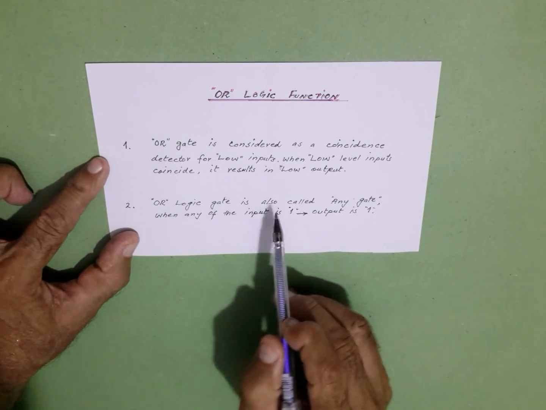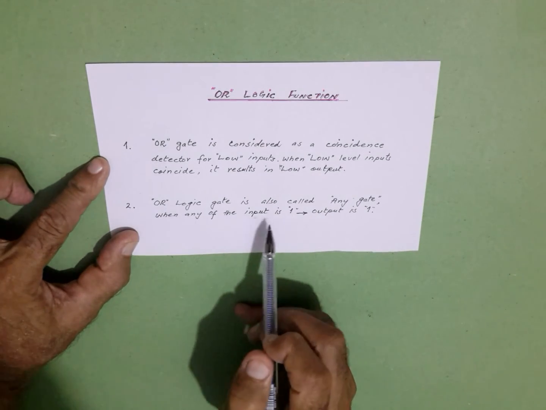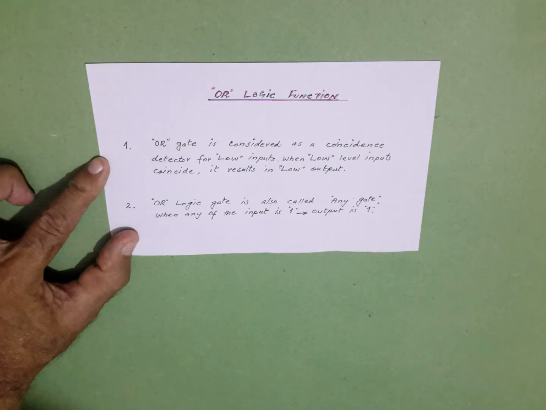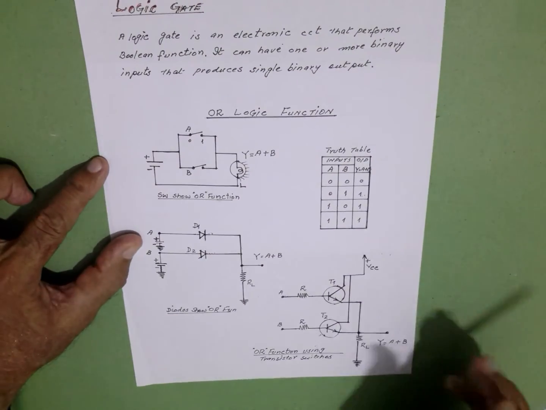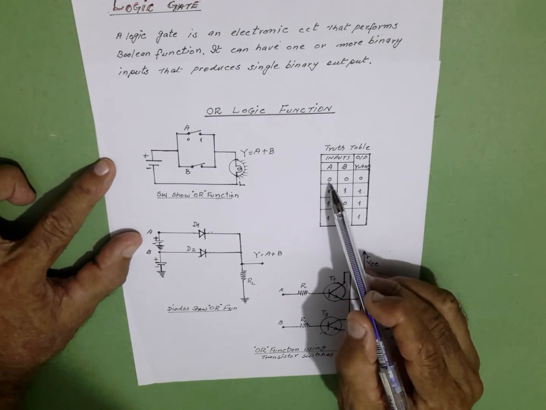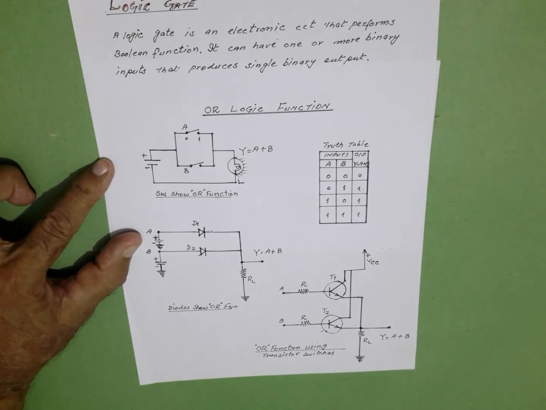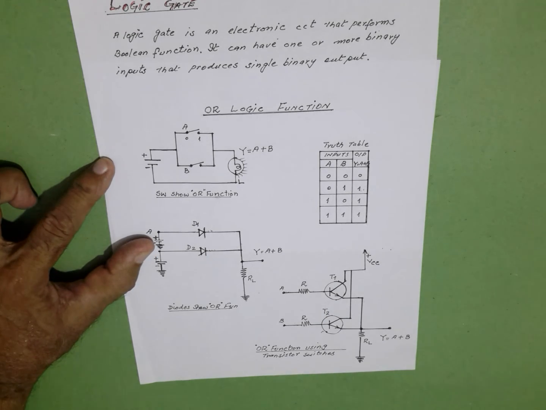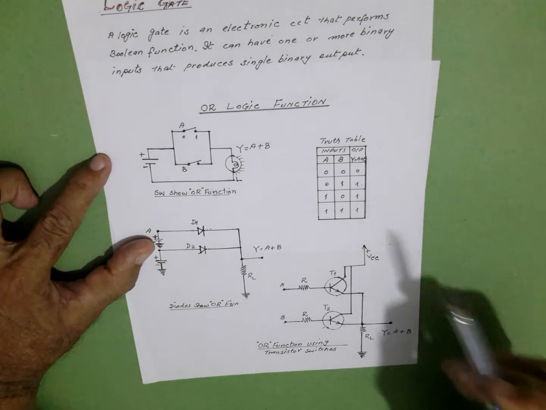The OR logic gate is also called an any gate. When any of the inputs is 1, the output is 1. When the inputs are low, the output is low. We call this a coincidence detector for low inputs.